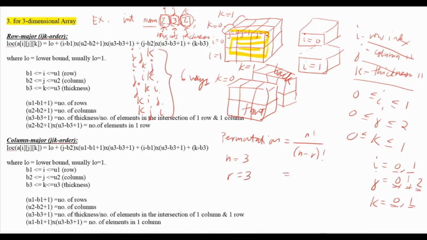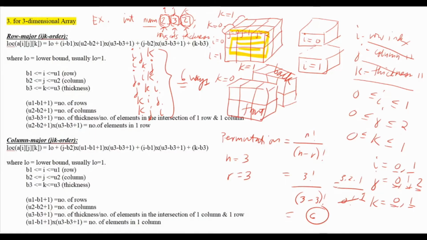So you'll have 3 factorial over 3 minus 3 factorial. That is simply 3 times 2 times 1 divided by 0 factorial, which is equal to 1. And so we have 6. So there are 6 ways to combine without repetition the 3 indices i, j, k.